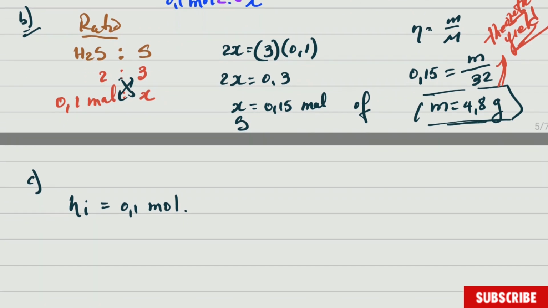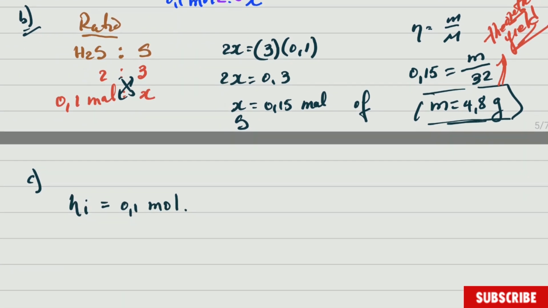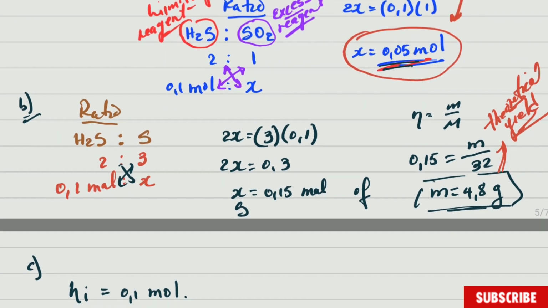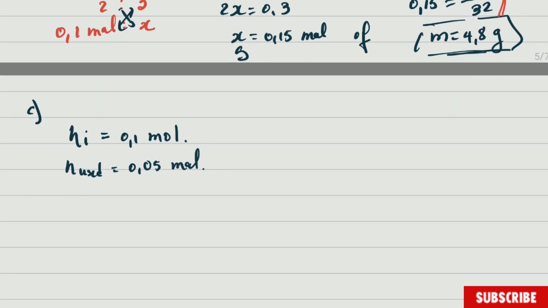Okay, now at the end, during this ratio, you only needed 0.05 that was used. So how much is left over? Number of mole that was used is equal to 0.05 mole. How much is left?